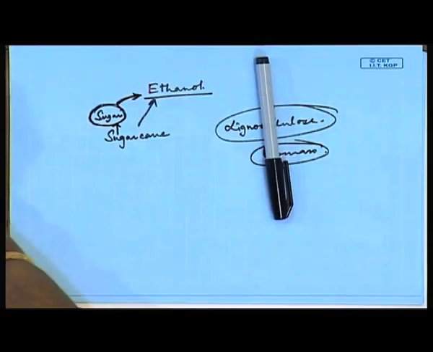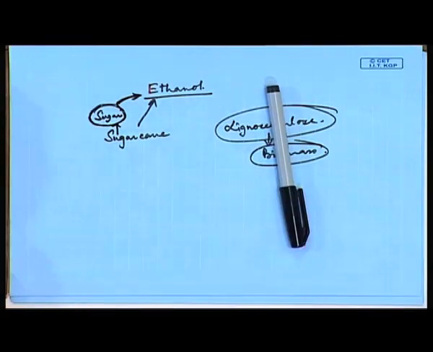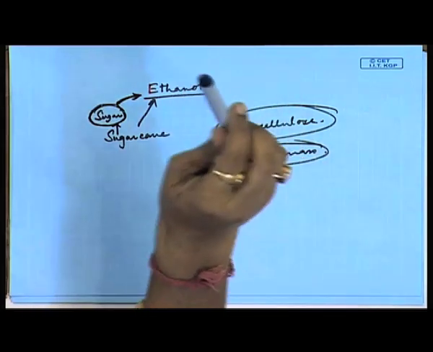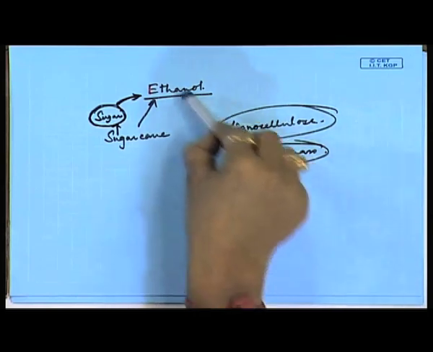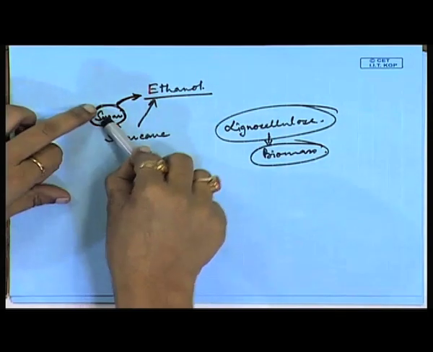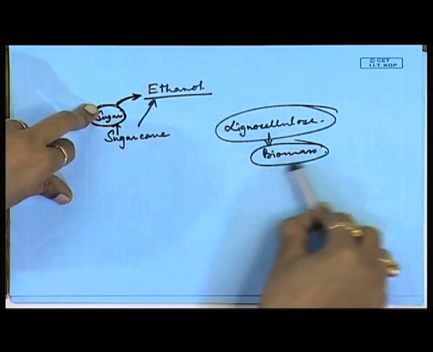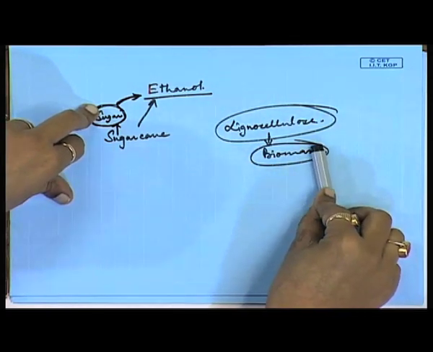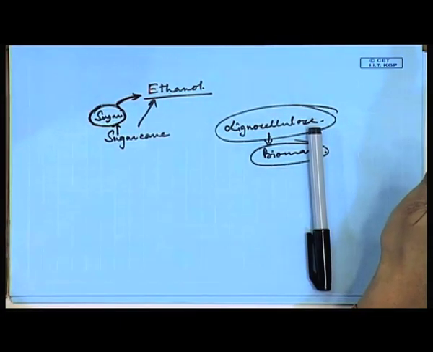Pretreatment is playing a significant role in this particular conversion type. The ultimate product is ethanol, and we are getting this ethanol, but our source is different. Our source is lignocellulosics. The entire fermentation process is getting changed.